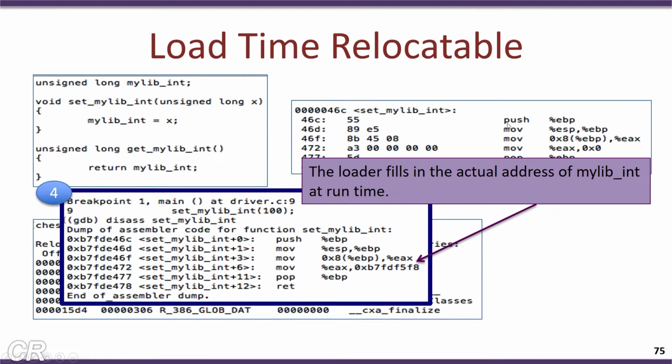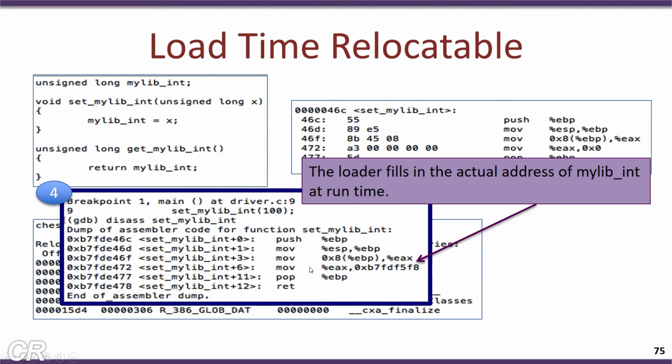Note the same instructions over here. You have push EBP, move stack pointer to base pointer, and so on. The same instructions are present over here, but also notice that the 0x0 which is present in this instruction is replaced with this address, B7FTFIF8, which is the actual address for mylib_int.